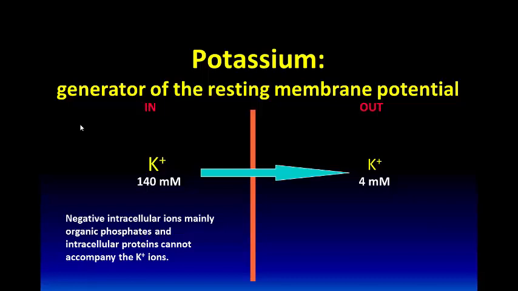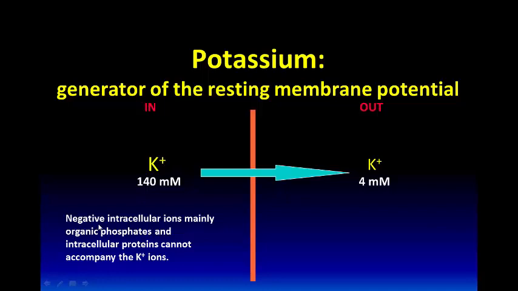So potassium ions move across the membrane from the sarcoplasm out into the extracellular fluid down their concentration gradient, carrying with them positive charges, because potassium ions are positively charged.